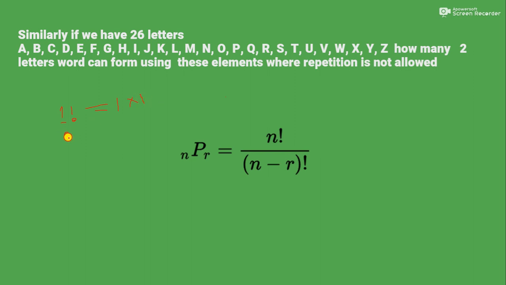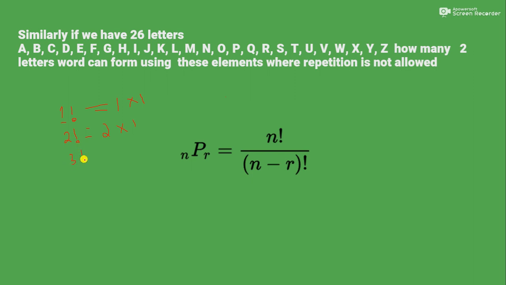And suppose we want to find 2 factorial. So this is the symbol for factorial. So 2 factorial is 2 into 1, that is 2. And suppose we want to find 3 factorial.